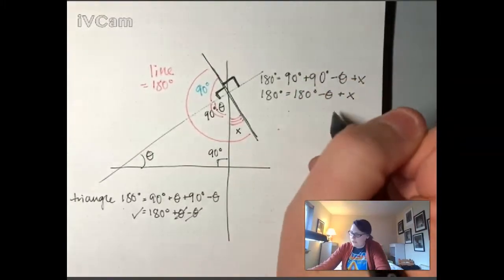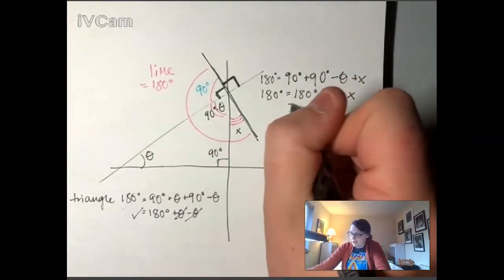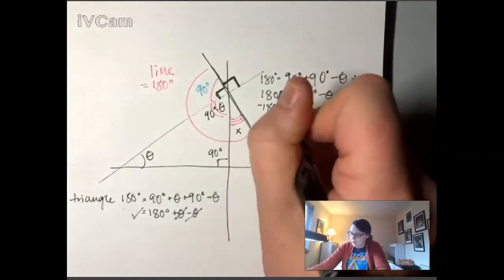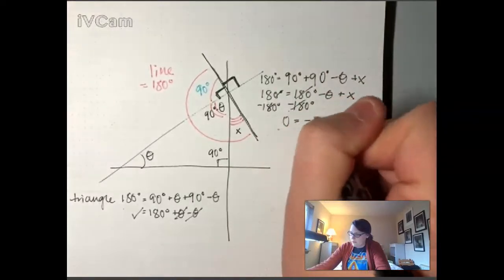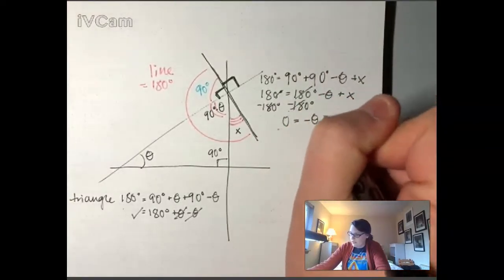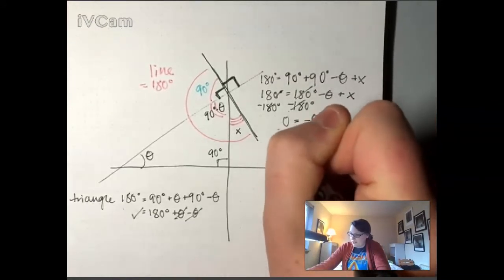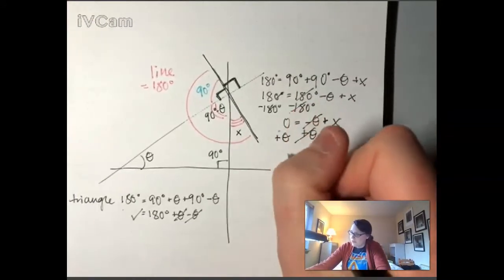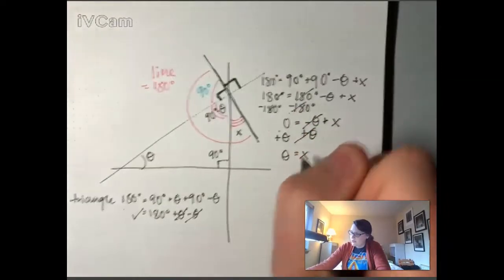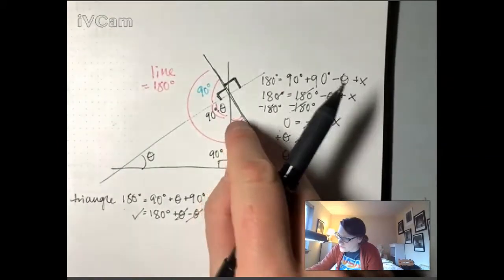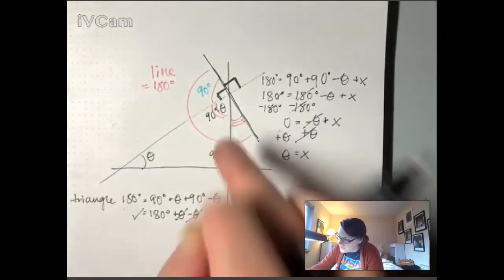So let's go ahead and solve for x here, right? Minus 180 degrees. Love when I get to subtract the same thing. 0 equals negative theta plus x. Theta is just a measurement of that angle. It's just a number. I'll move it over there. I've got that theta equals x. That's an algebraic proof. We could also use the rules of geometry to figure out that same answer.